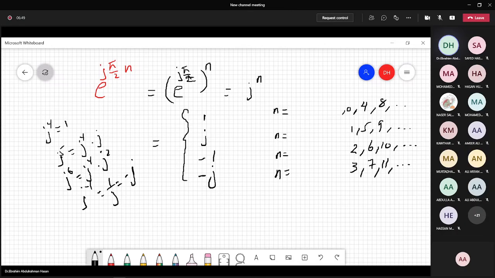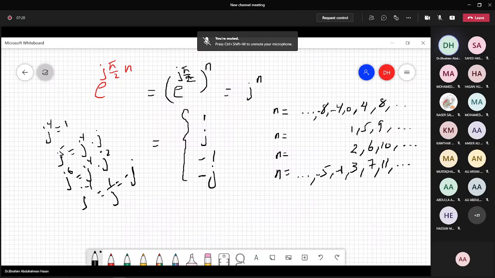Similarly, we have here -4, -8, and so on. And j to the power of -1, as we said, is equal to minus j, so then it is -1 here. Again the difference is 4: 3 to 7, 7 to 11, and -1 to 3, so -1, -5, and so on.